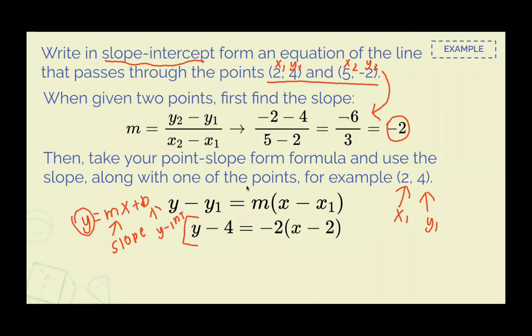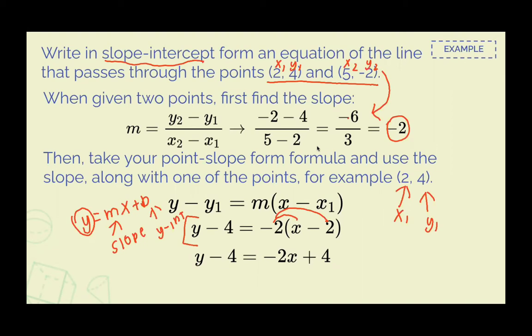So let's go ahead and find a way to isolate y and also adhere to the mx plus b format. So first, I'm going to eliminate the parentheses here for the -2 times x minus 2 by doing the distributive property. That leaves you with y minus 4 equals -2x plus 4.